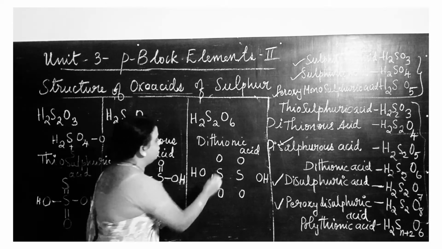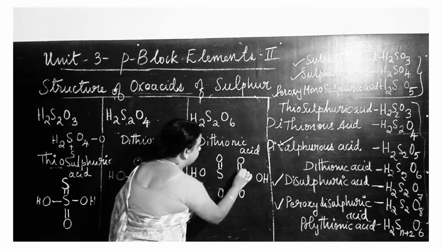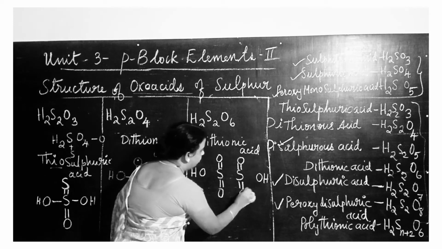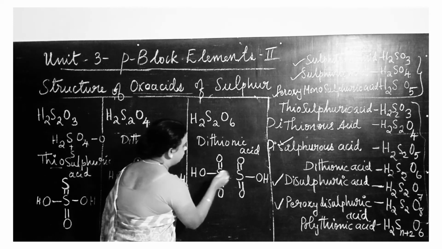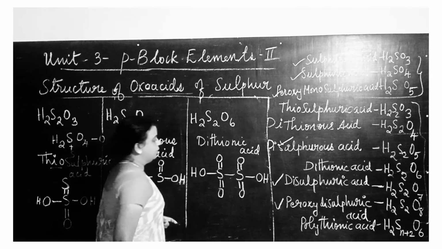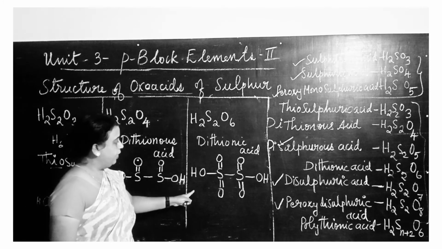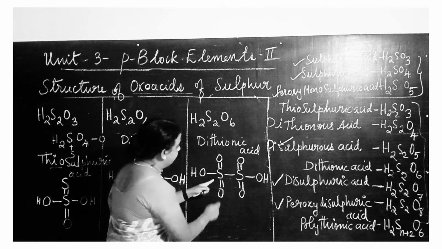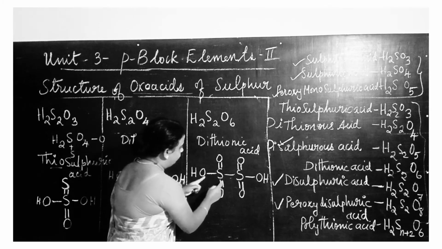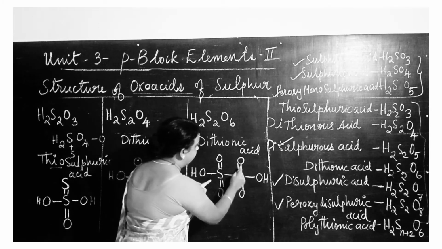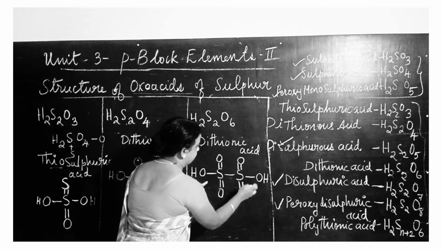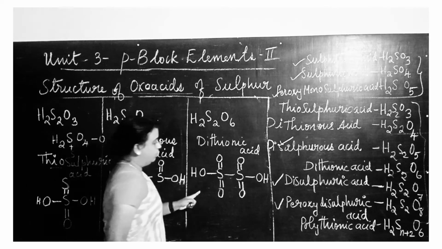Now let us put the bonds. Double bond, double bond, here also double bond, double bond. Here single bond, here also single bond, and here also one single bond. Fine. Now surrounding this sulfur atom, 1, 2, 3, 4, 5, 6. Surrounding the other sulfur atom also, 1, 2, 3, 4, 5, 6.